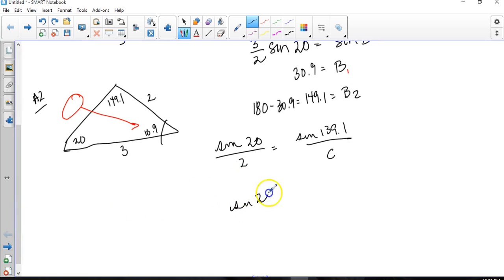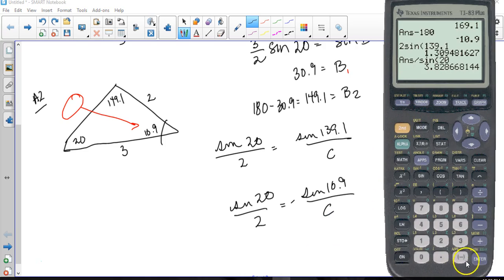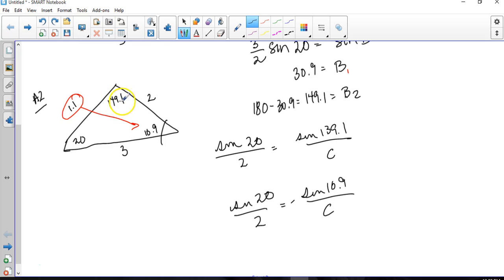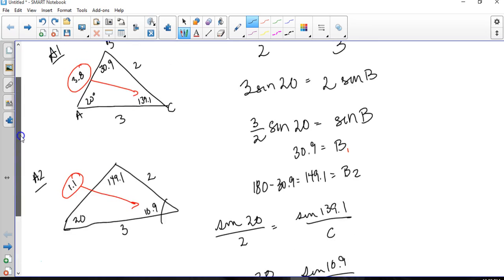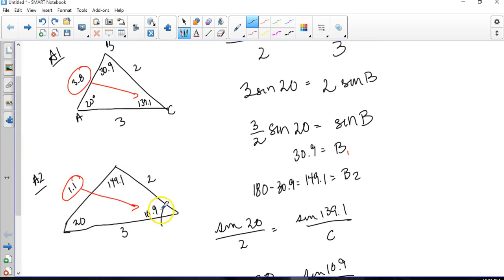If I do this again, you notice the only thing that changes is the sine of 139 is now 10.9, and I can say second enter twice, and then write this over like that so that I don't have to type it all in again. Sine 20, and it's 1.1. And so you got two possible triangles. One's going to be kind of like a normal-looking triangle, and one's not going to be a normal-looking triangle if you drew it out, but you have to check for both.